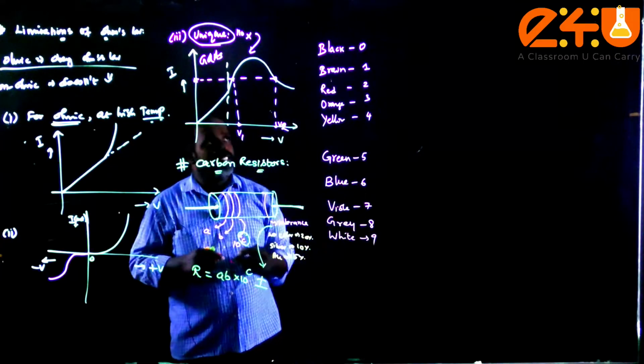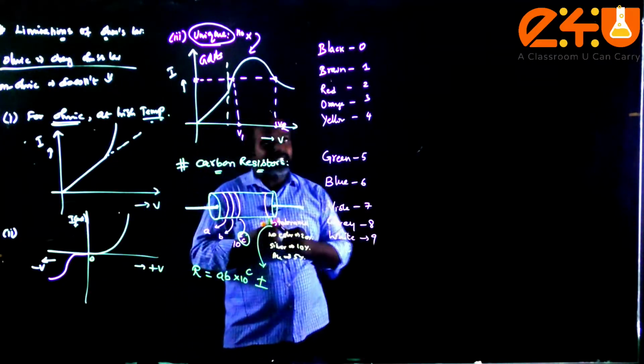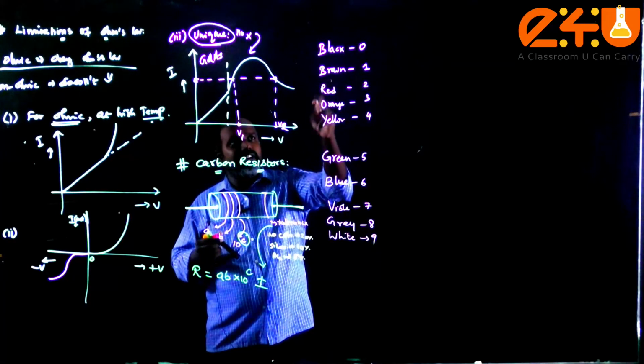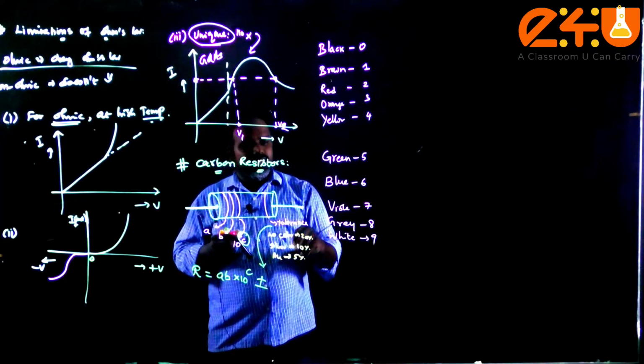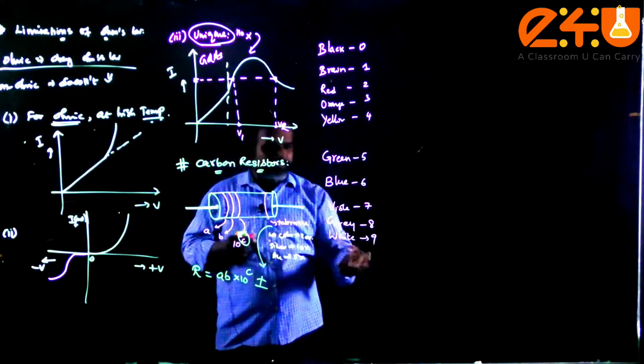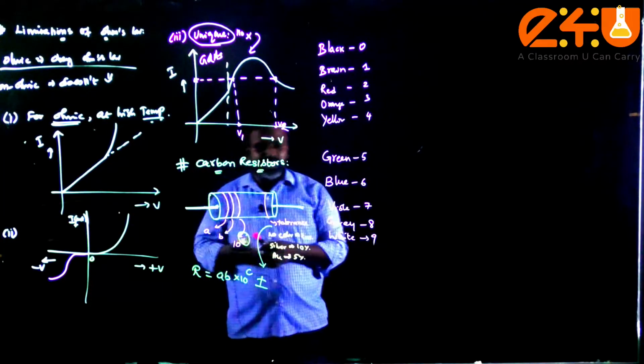So this is the color coding system. There is a memory trick: B B Roy of Great Britain has a Very Good Wife. They give this memory trick for remembering the codes.